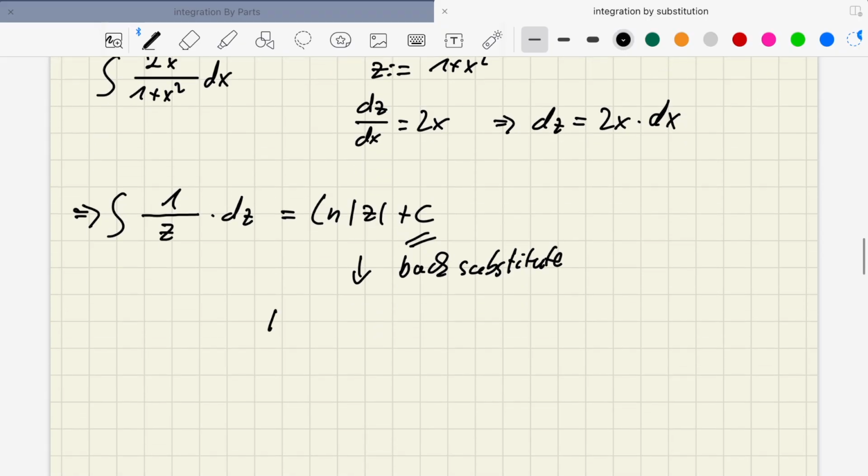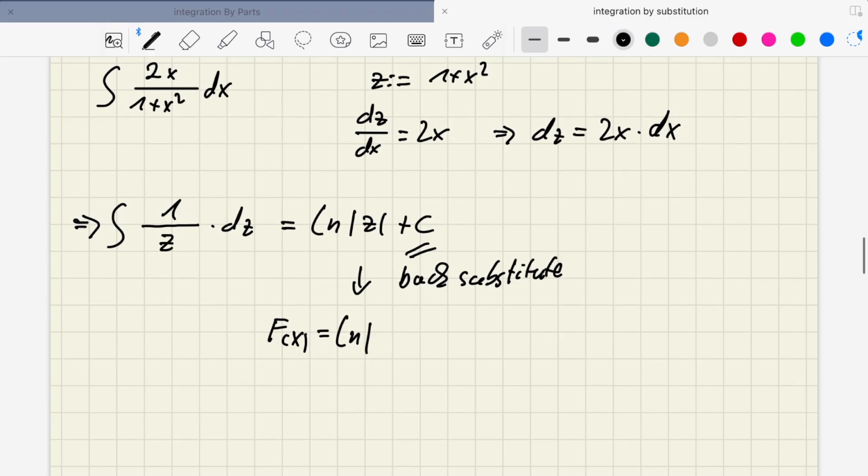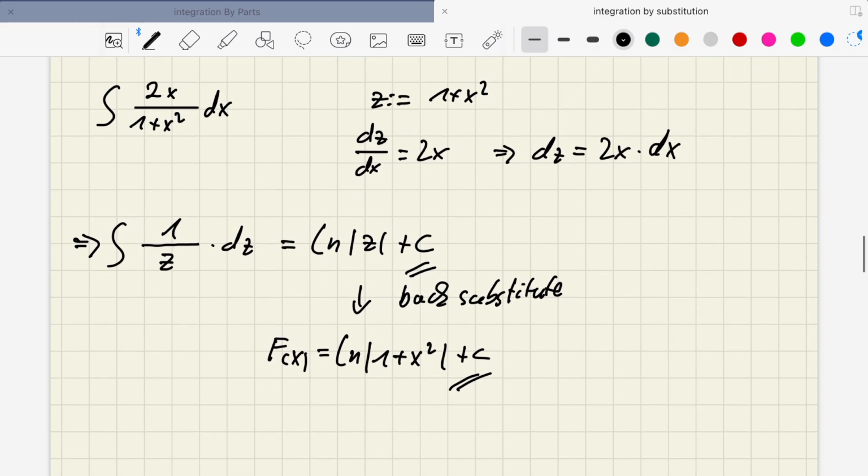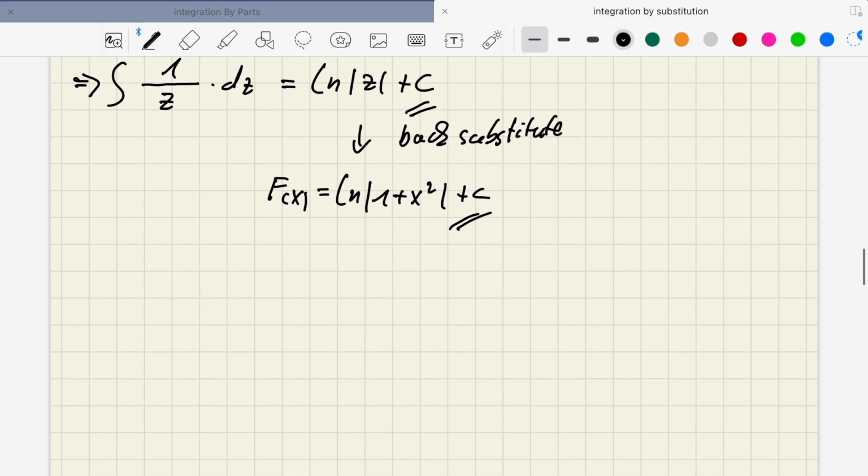So yeah, our stem function is equal to logarithmus naturalis of 1 plus x squared plus c. Very easy, just basically 2 lines.